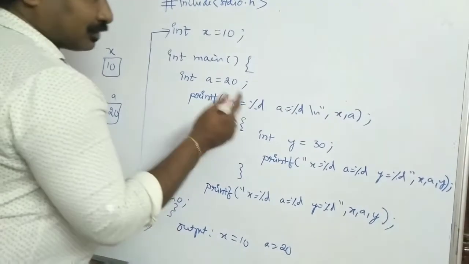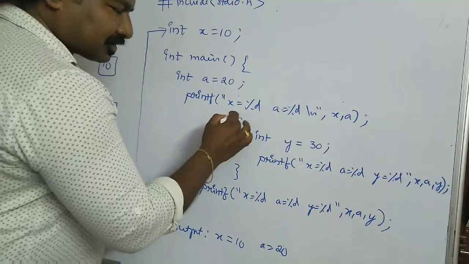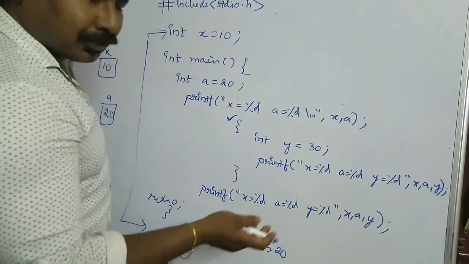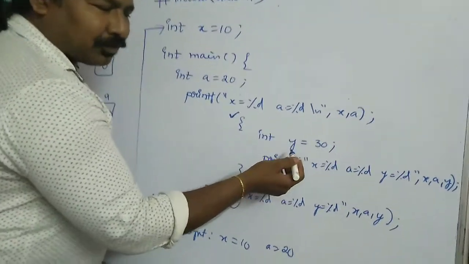Then I have started another new block. Okay friends, just see this. This is the start of a new block wherein I can create another variable. I have declared a variable called y with the value 30.